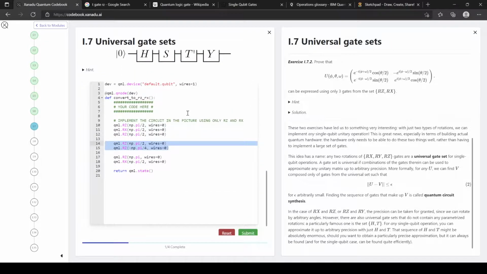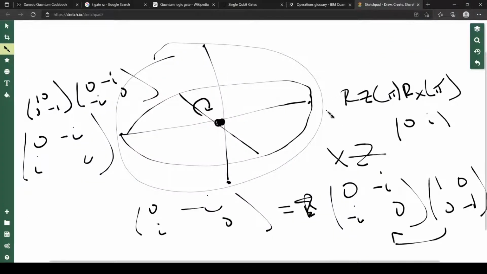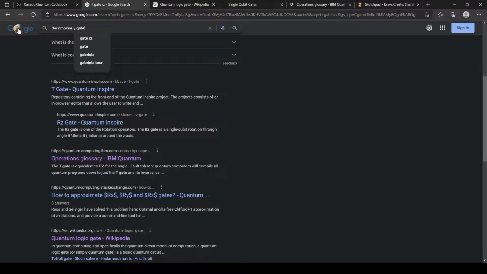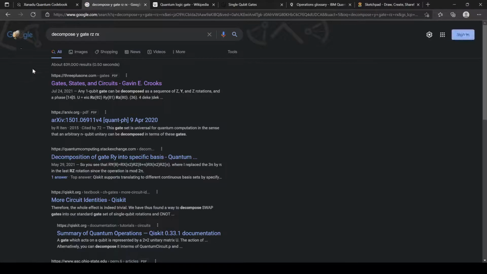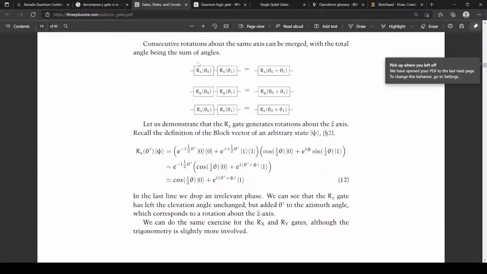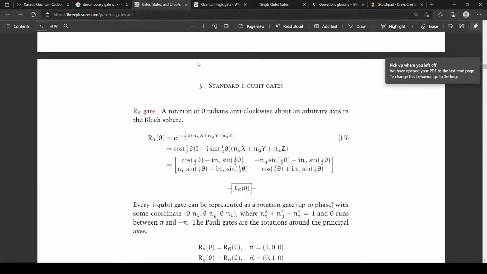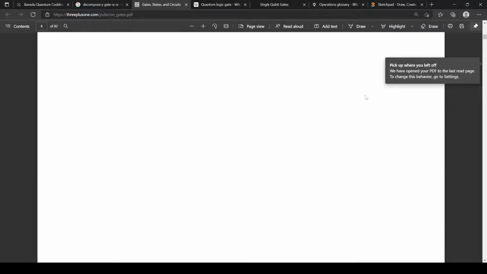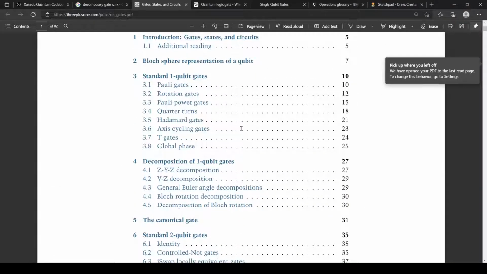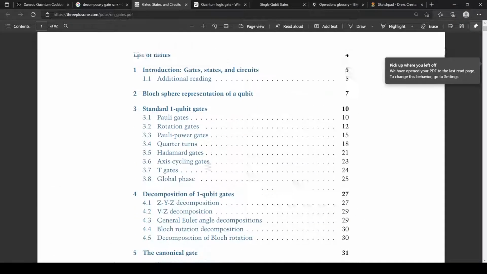Okay, so is this decomposition wrong? Let me check. Decompose Y gate RZ RX. What are the odds this exact same link has it? Standard 2-qubit decomposition of 1-qubit gates.